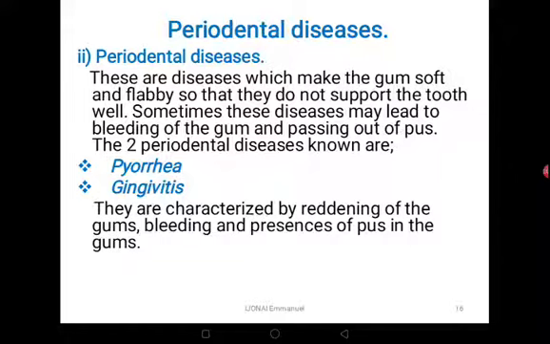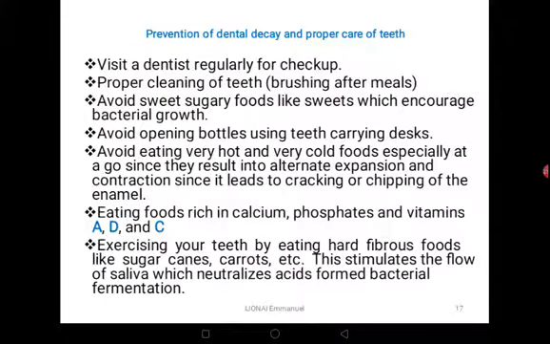They are characterized by reddening of the gums, bleeding, and presence of pus in the gums. So this is even more serious. All your teeth will become weak. The whole gum becomes weak, and the teeth begin shaking, and sometimes pus develops in the gum.